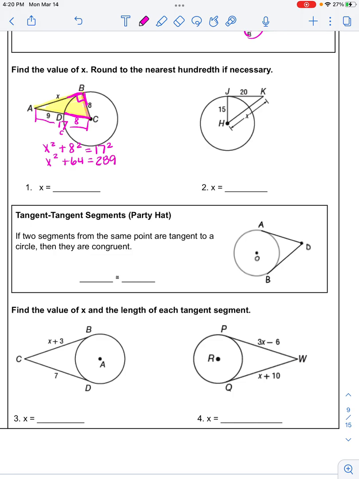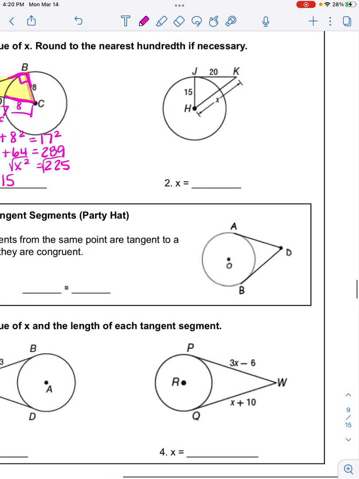Subtract 64 from both sides, you get x squared is equal to 225. If you take the square root of both sides, we need to undo that square. If x squared is 225, then x must be 15 because 15 squared is 225. And that makes sense. It's shorter than the hypotenuse. And so we have that the tangent is equal to 15.